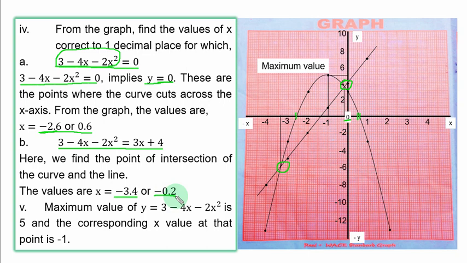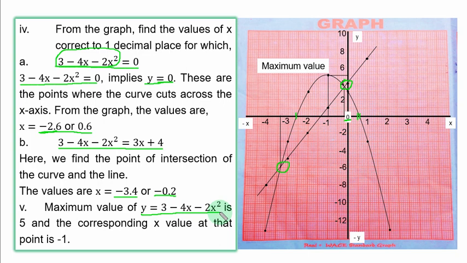Now figure 5, we should find the maximum value of y equals 3 minus 4s minus 2s squared. Remember, in the introduction I told us that the n-shaped parabola always produces a maximum value, and the u-shaped parabola, as in lesson 5, always produces a minimum value.